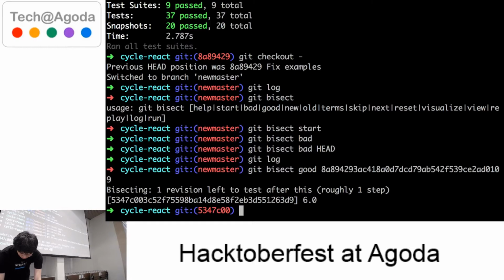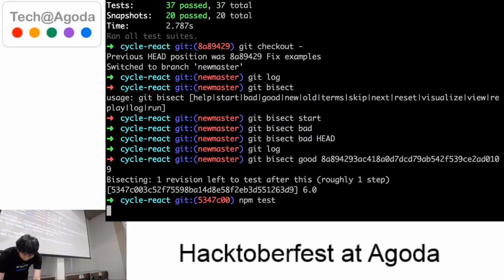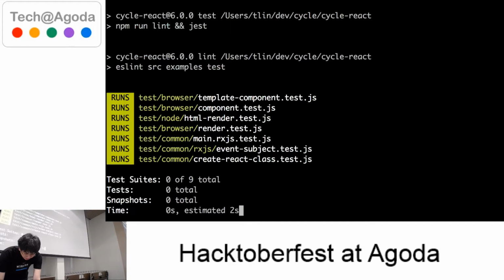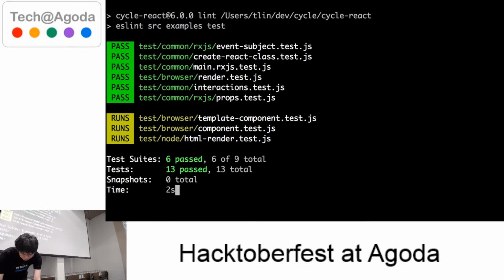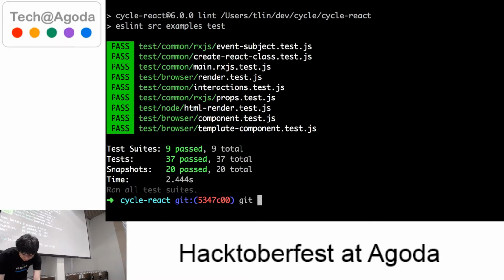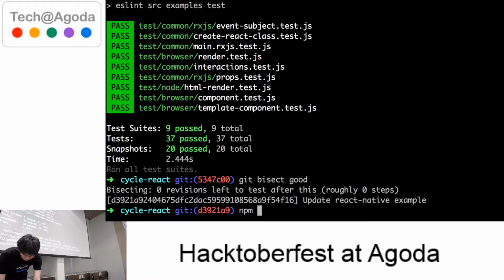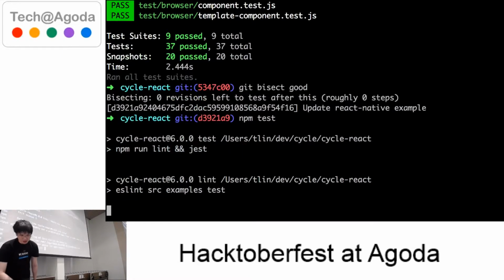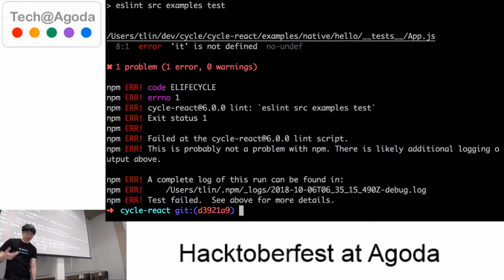So we can run the test again, and all right, this time it passes, so we can tell it that this one is good. We run the test again because git bisect checks out another commit for us.